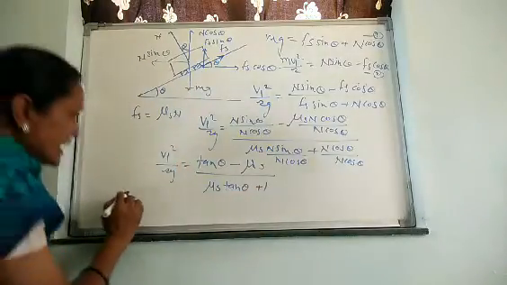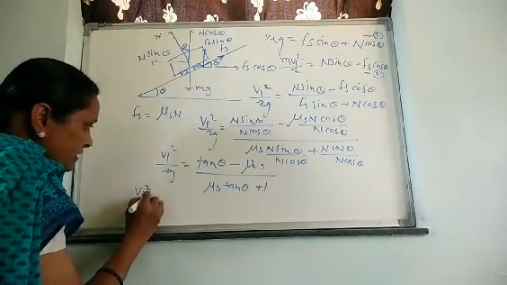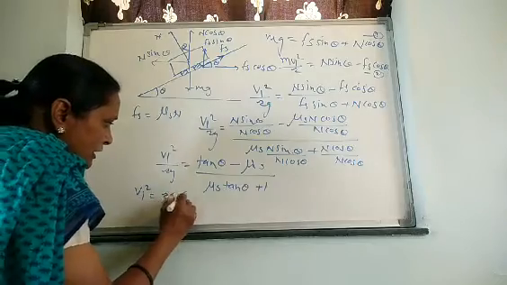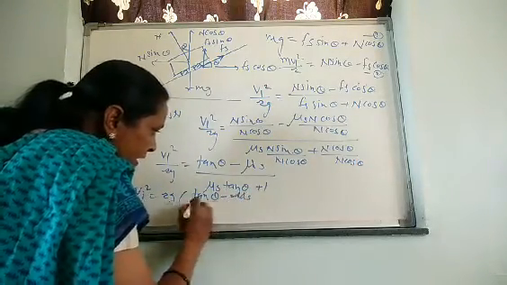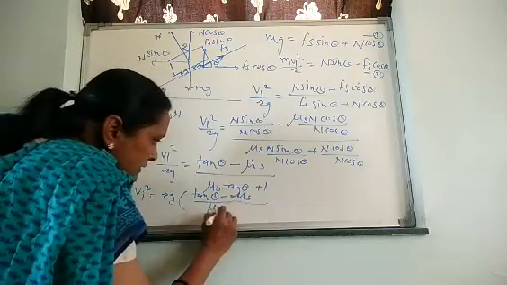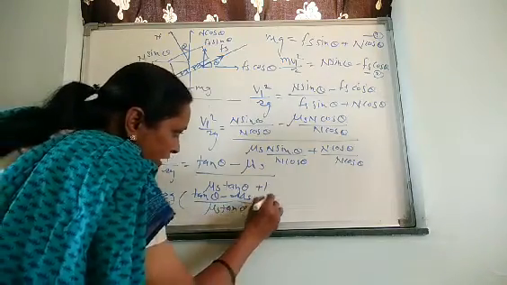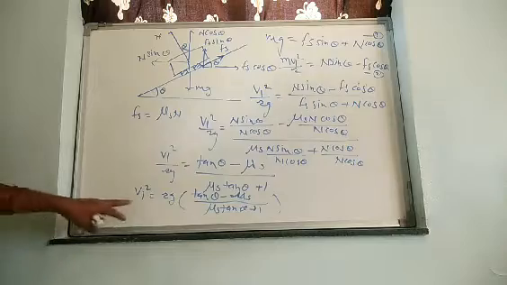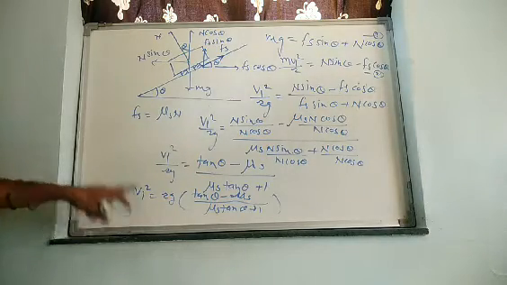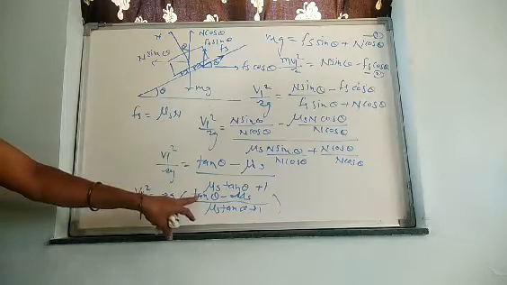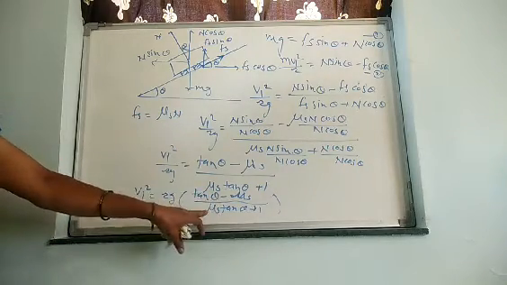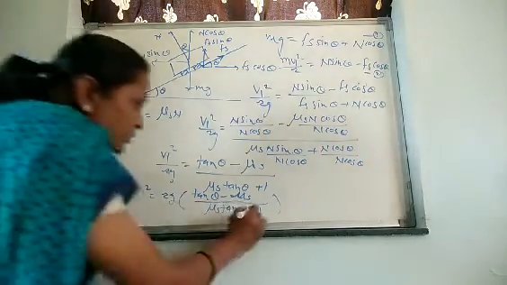So v1 square is equal to rg into tan theta minus mu s upon mu s tan theta plus 1. This equation gives v1 is equal to under root rg into tan theta minus mu s upon mu s tan theta plus 1.